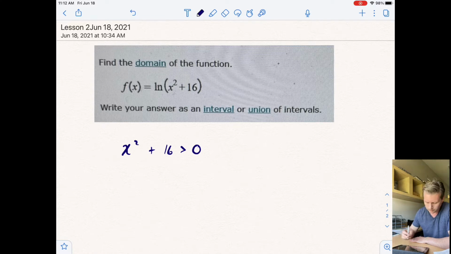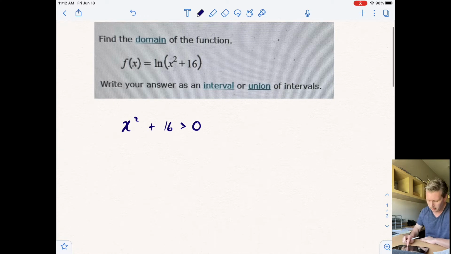And so I can input any value of x I like into this expression, and it will always be greater than 0. If I tried to solve x squared plus 16 greater than 0, I would subtract 16 to the other side and have x squared greater than negative 16.